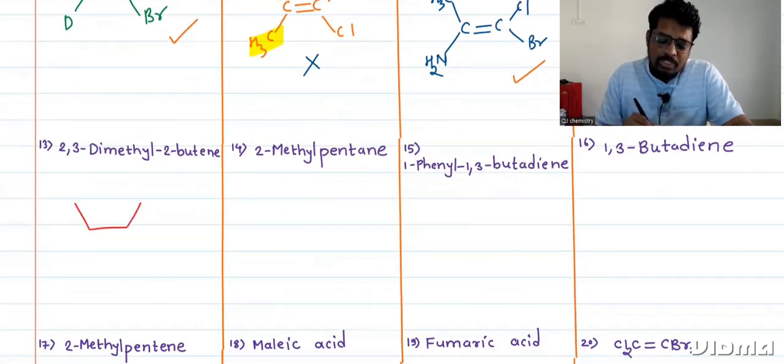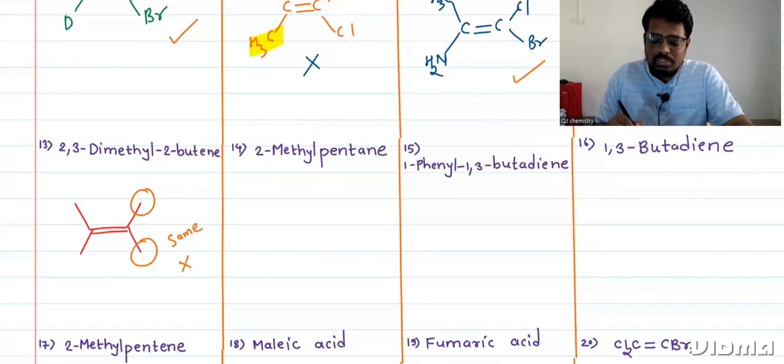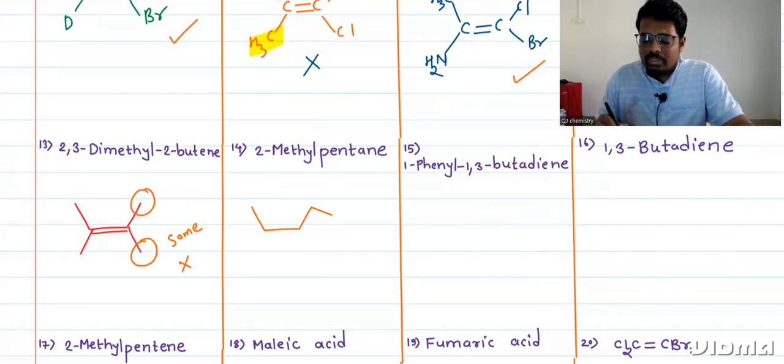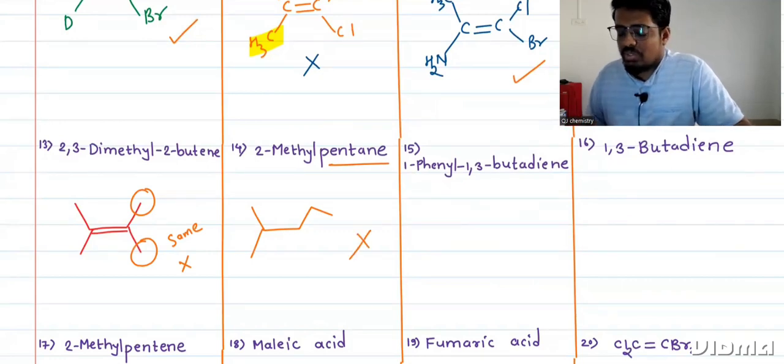So we have butane and 2,3-dimethyl. Now in 2,3-dimethyl butane, these groups are identical, the same group, so no geometrical isomer. Next, pentane is given, and it is 2-methyl pentane. So in the pentane alkane part, no geometrical isomer. There is no restricted rotation.